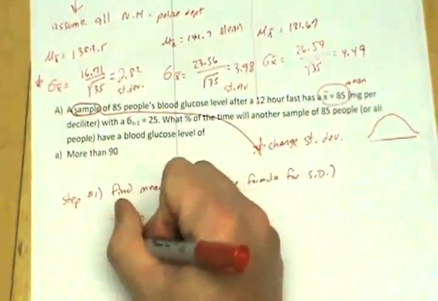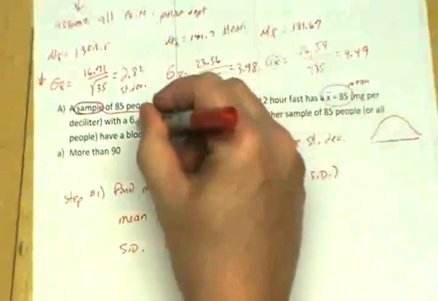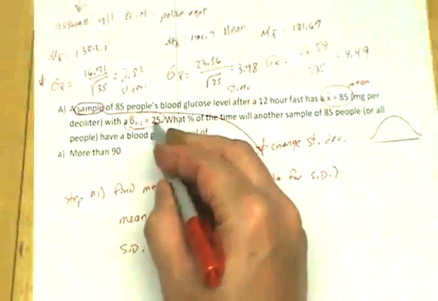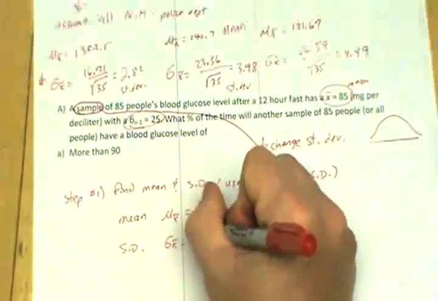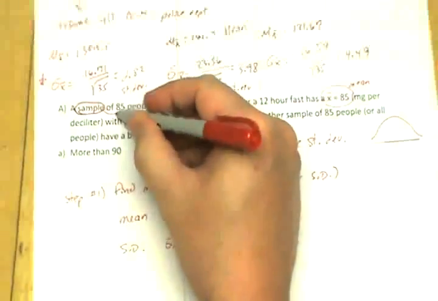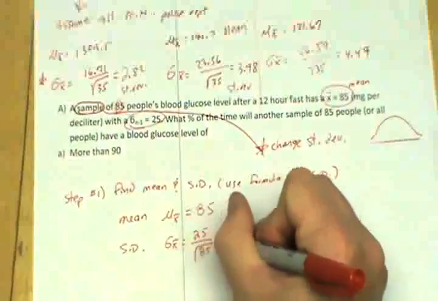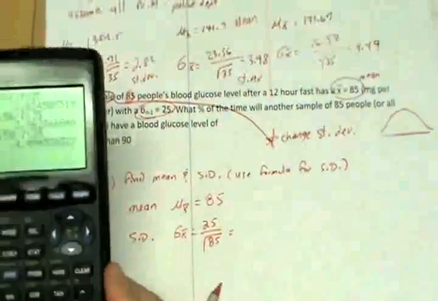But the standard deviation, however, because it's a sample, I'm going to take the standard deviation of my sample right here. Standard deviation is 25, and I'm going to divide that by the square root of the sample size. It said there was a sample of 85 people, so that's my sample size. I'm going to put that in my calculator.